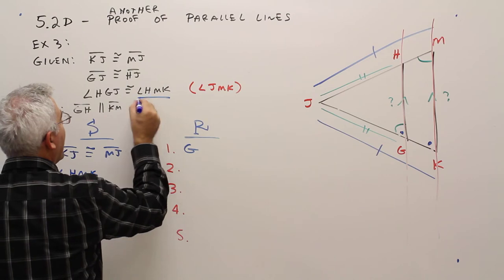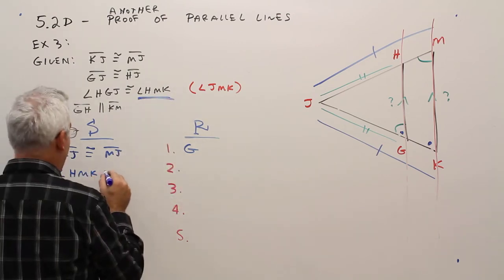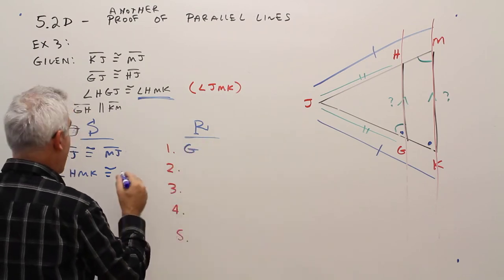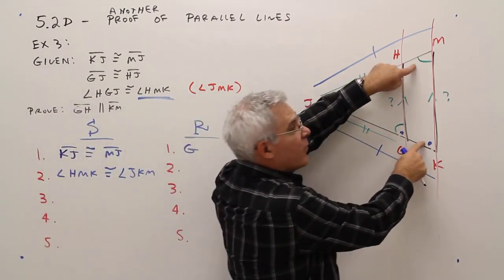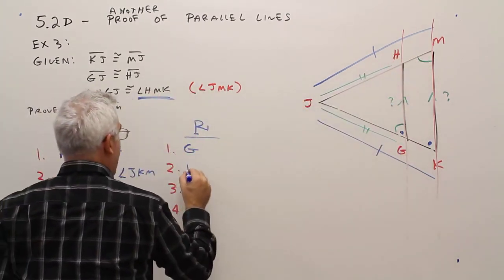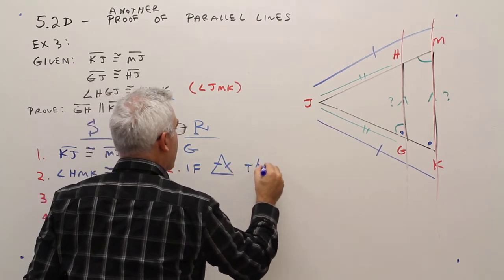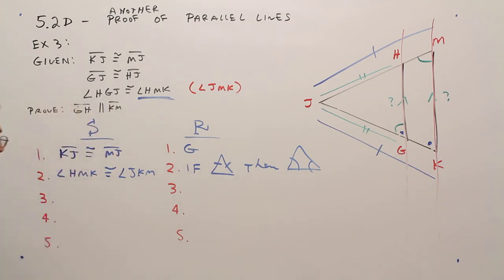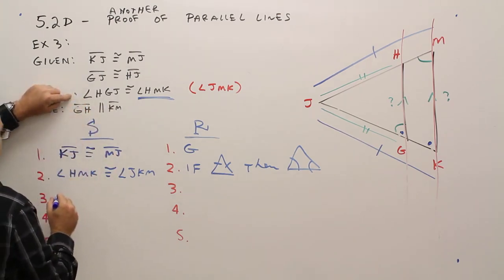And I'm going to call it HMK because that's what they use in the given. So angle HMK is congruent to angle JKM. Again, that's just those two angles right there. And that would be if sides are congruent, then angles are congruent.